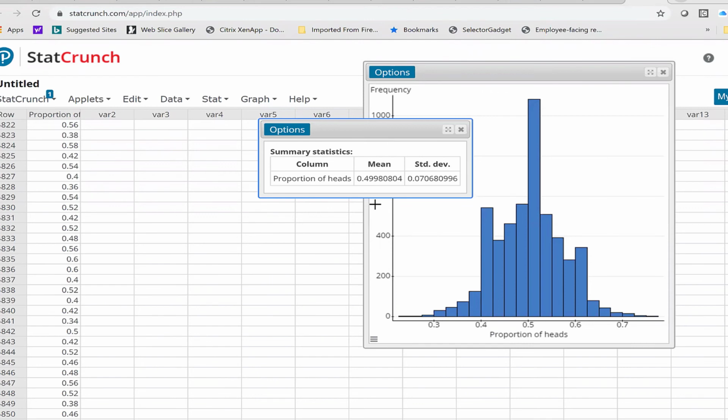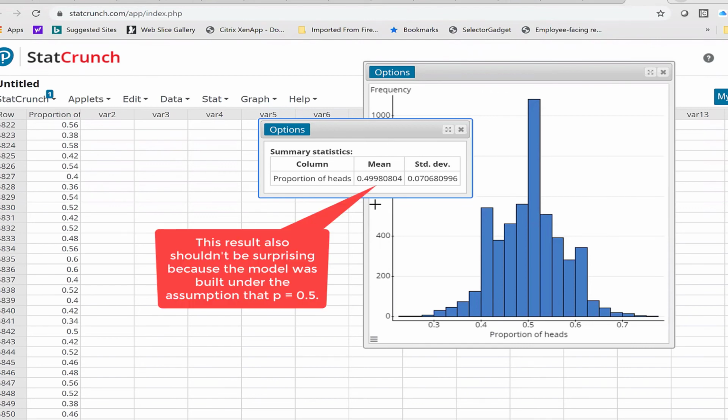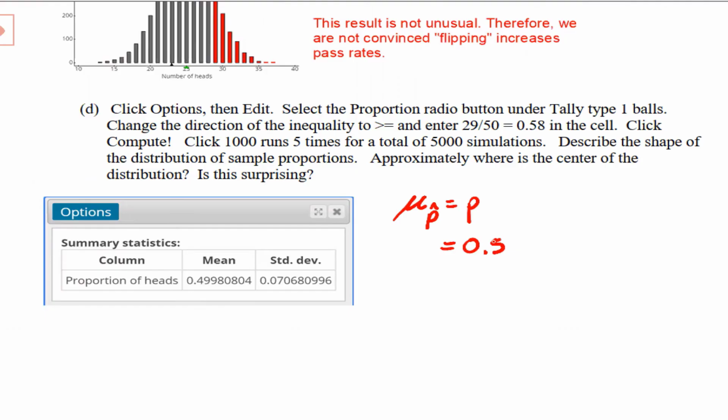That should not be surprising to you because we know the mean of p hat is going to equal the population proportion p, which is 0.5. And that's what we're getting here from the mean of all those 5,001 sample proportions. We know the standard deviation of p hat is the square root of p times 1 minus p over n.